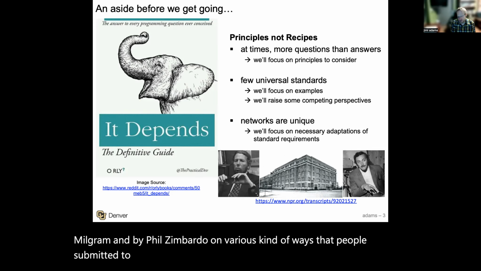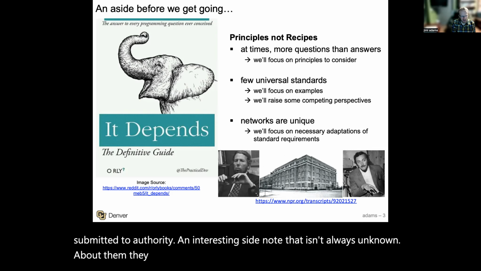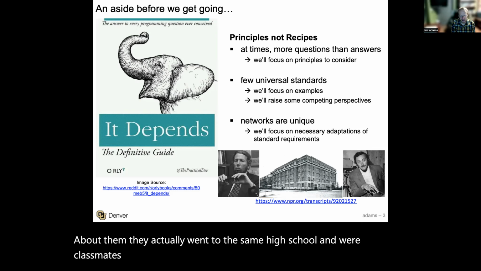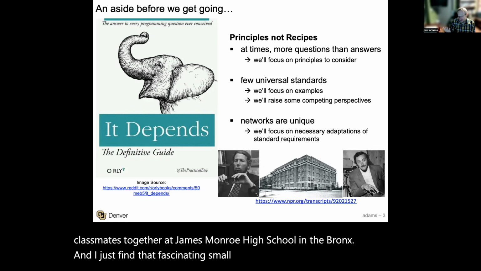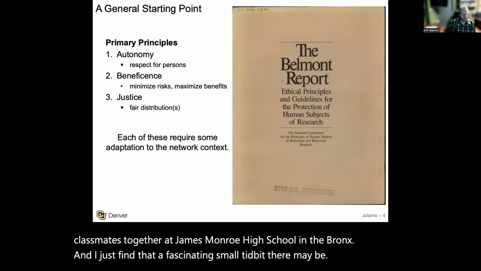An interesting side note that isn't always known about them is they actually went to the same high school and were classmates together at James Monroe High School in the Bronx. And I just find that a fascinating small tidbit that may be worth mentioning.